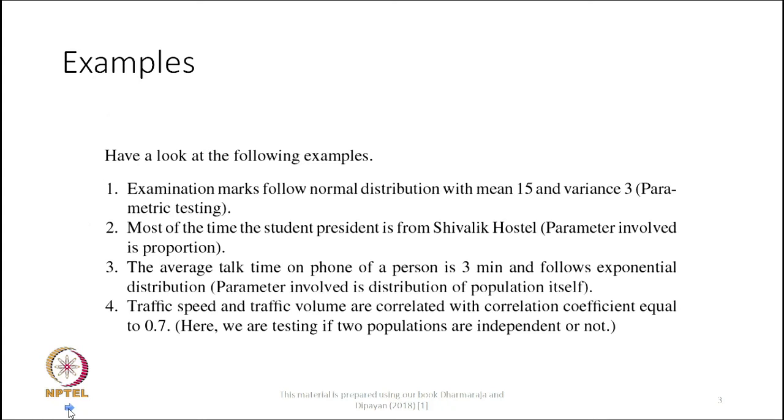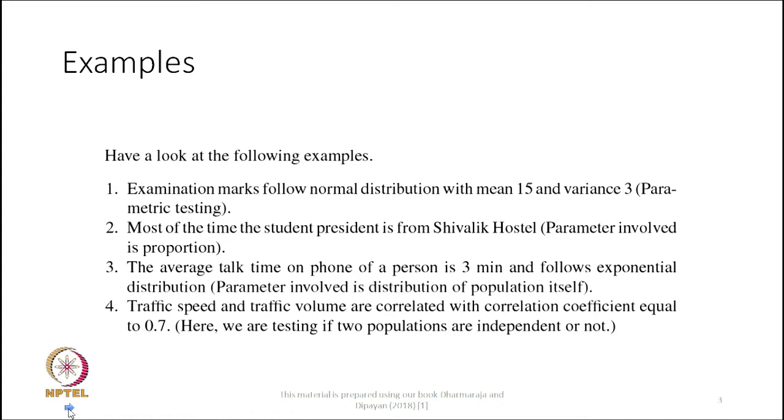Let me start the topic of testing of hypothesis with some examples. Examination marks follow a normal distribution with mean 15 and variance 3, that is parametric testing. Another example: most of the time the student president is from Shivalik hostel. The parameter involved is a proportion.